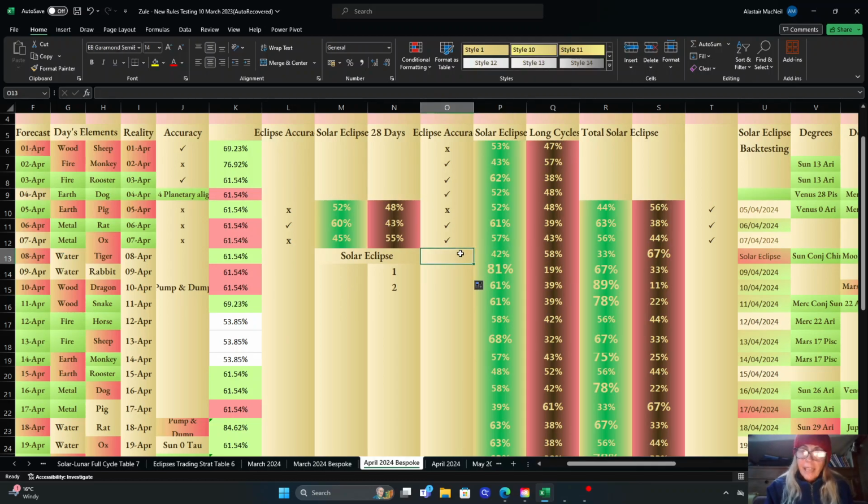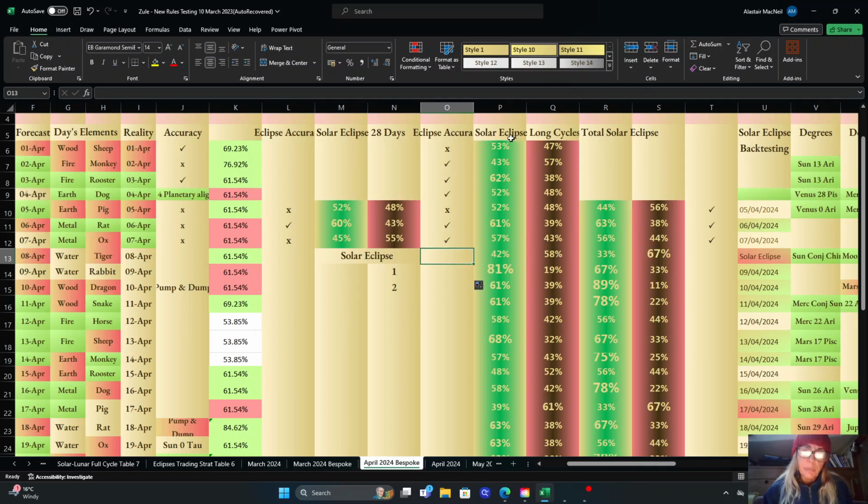Because different dates are involved in those calculations, different number of dates. The dates that are involved in the total solar eclipse are also involved in those two columns as well. But some of the dates in the total solar eclipse are only here in this column, whereas here there is a mixture.